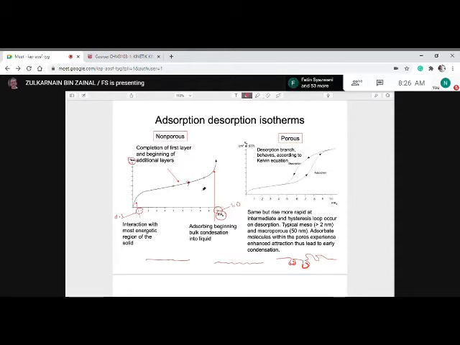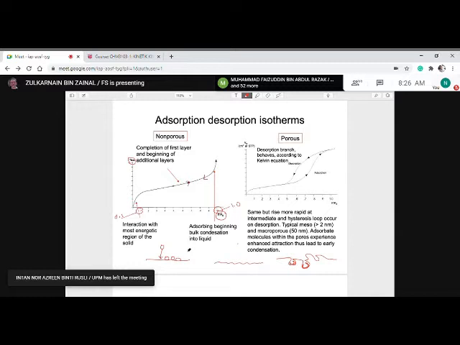By doing so, the adsorbate that is adsorbed on the adsorbent is taken out. When you give pressure, the adsorbate adsorbs on the surface, but when you give lower pressure, the adsorbate is removed from the surface. So that is what will happen.